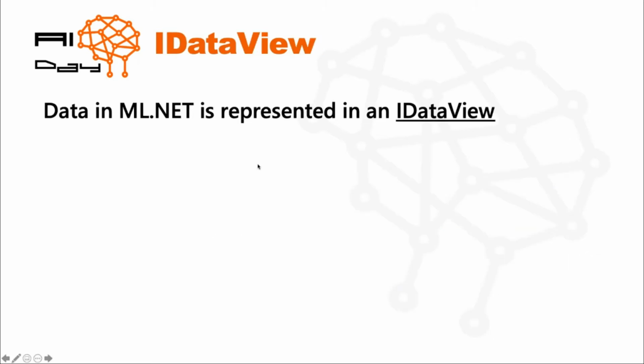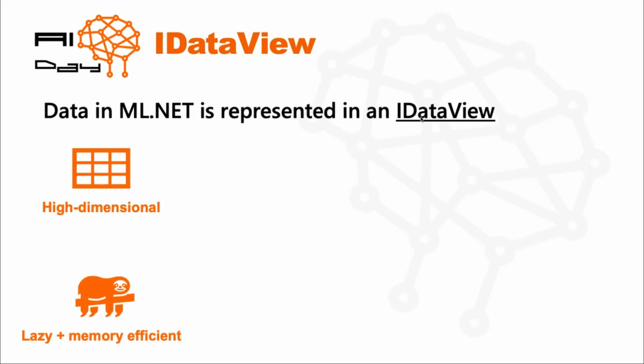How do you load data? Well, you have to know that the data is represented in an IDataView object, which has three characteristics. It's high dimensional because, of course, you can load many features. Maybe you have many columns, so you can take a lot of information and load it in memory.